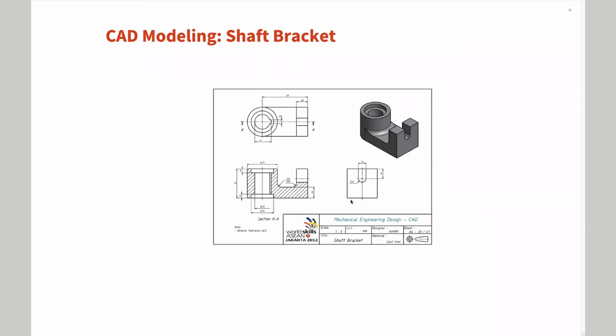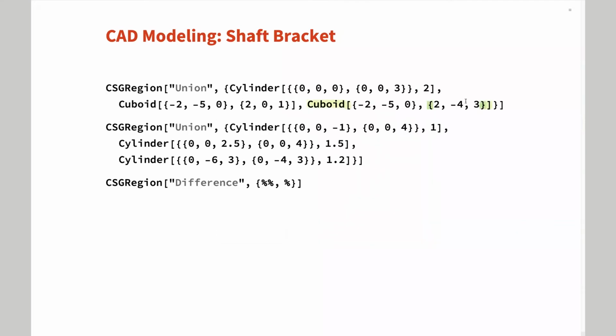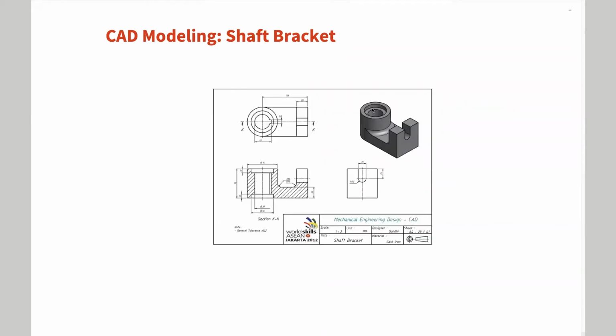Okay. So now let's try to build something concretely and see the power of this new object and representation. This is just a model provided by Alec. It is a simple shaft bracket. Can you model this with the new CSG region we have? If you look at it the simple way, you see that it is essentially a cylinder plus two cubes, pretty much.